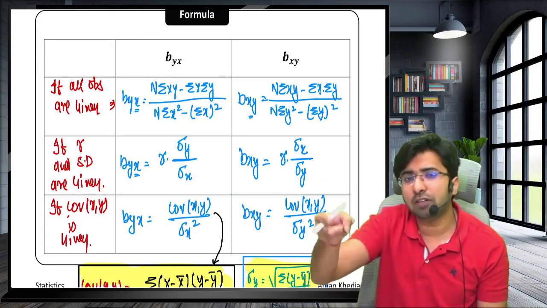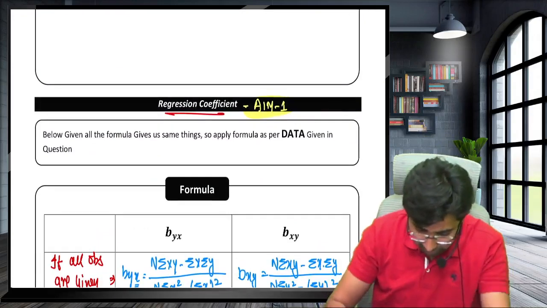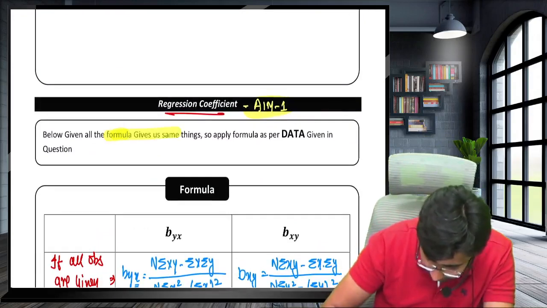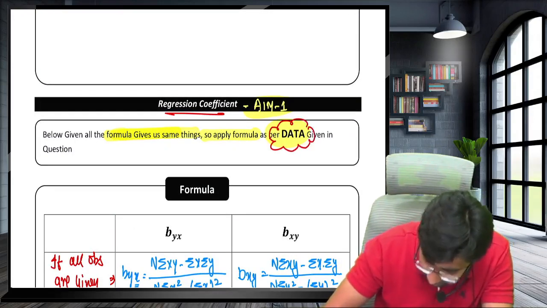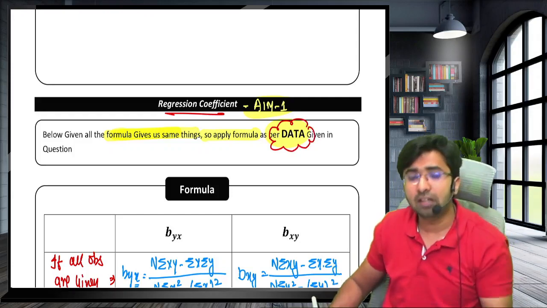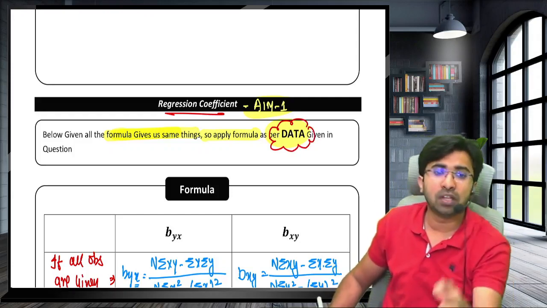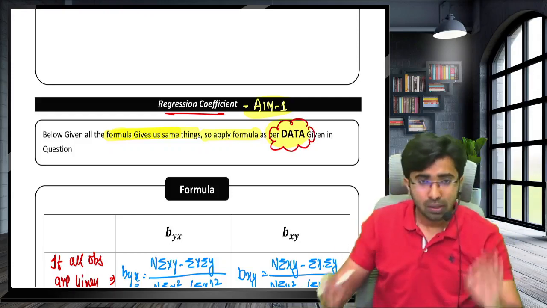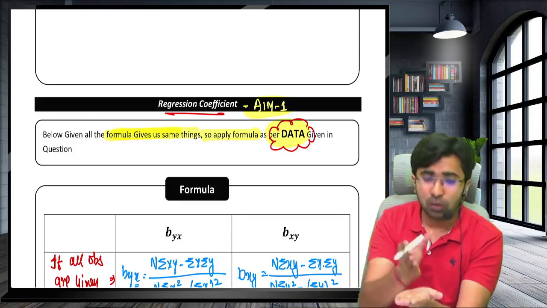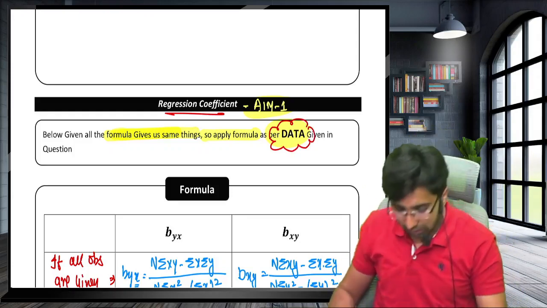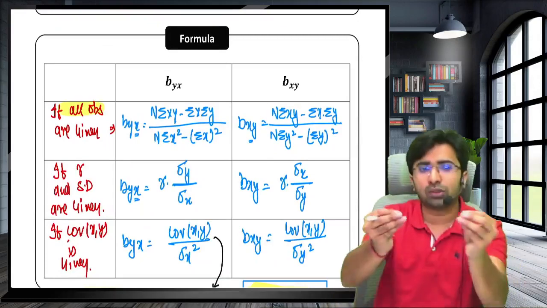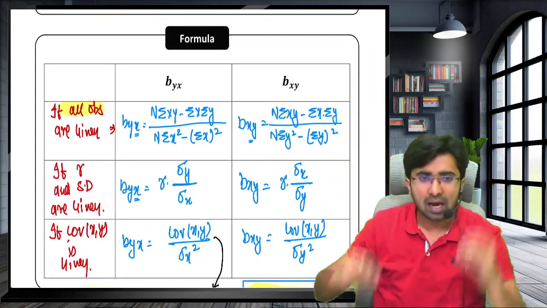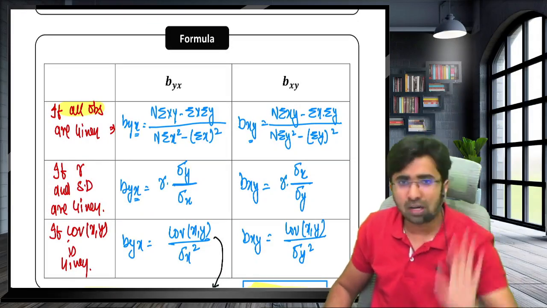Sir, how to think which formula is better? Apply the formula as per the data given in the question. By looking at the information given, we have to decide which formula is better and which is not. If the question has given you all the observations, apply formula number 1.